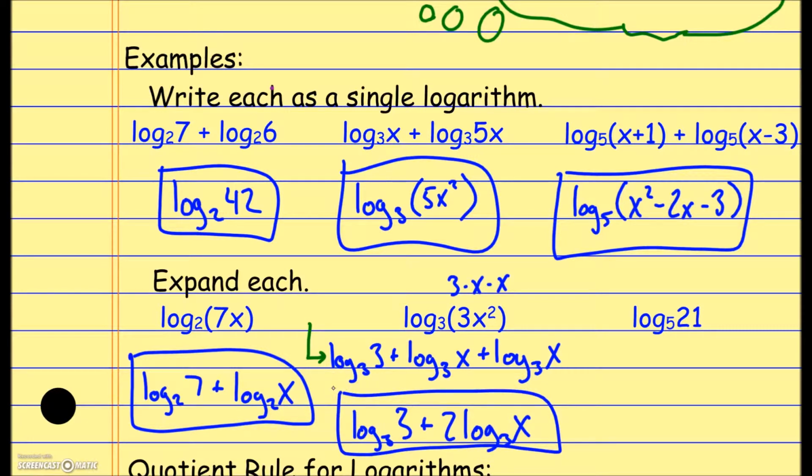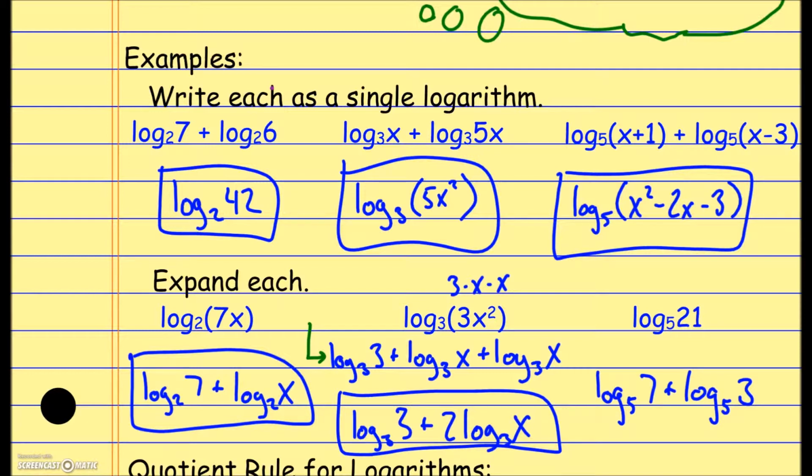And then the last one, there's a couple different ways that we can split up when we have numbers. With 21, there's not too many factors here, so I could really only split this into log base 5 of 7 plus log base 5 of 3. And this last one, this is the main use, or used to be the main use for expanding these things.